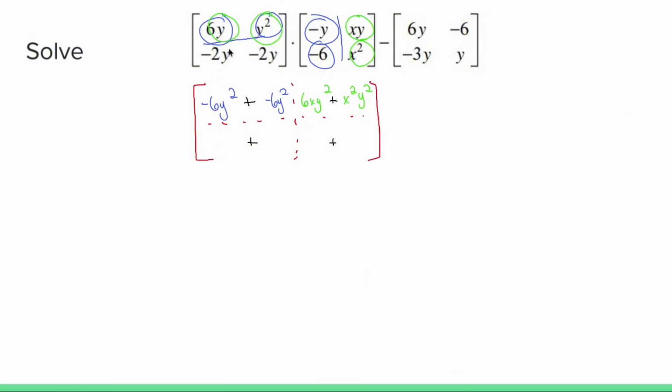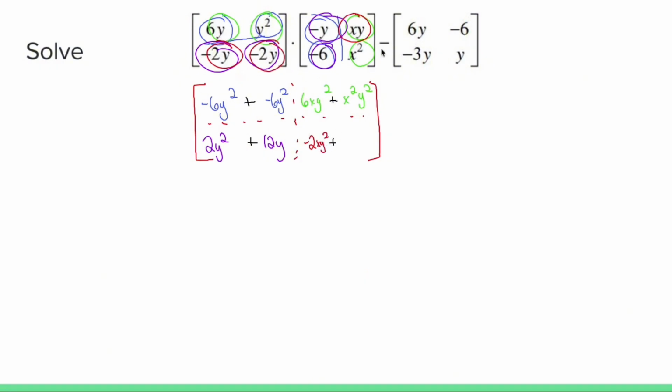Second row, first column: negative 2y times negative y is positive 2y squared. And then negative 2y times negative 6 is positive 12y. Last but not least, the second row, second column. That's going to be negative 2y times xy, so negative 2xy squared.